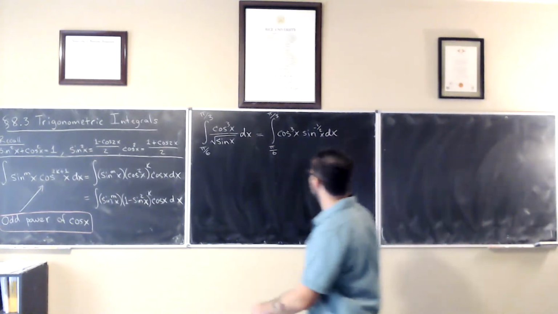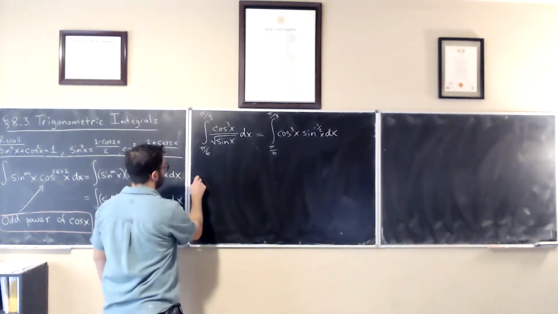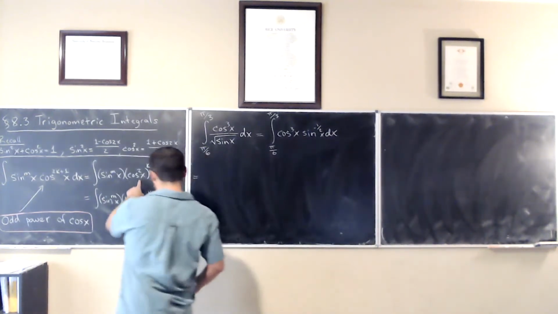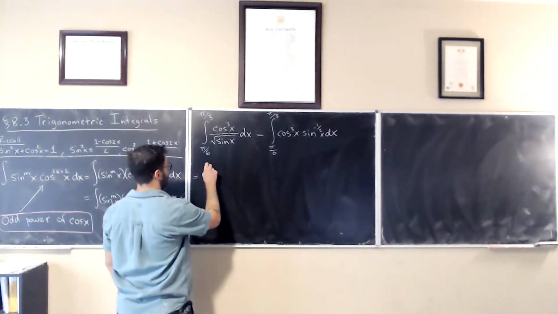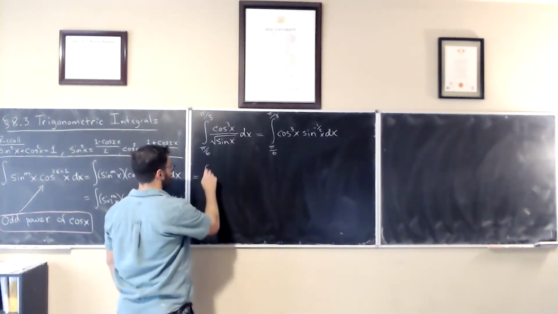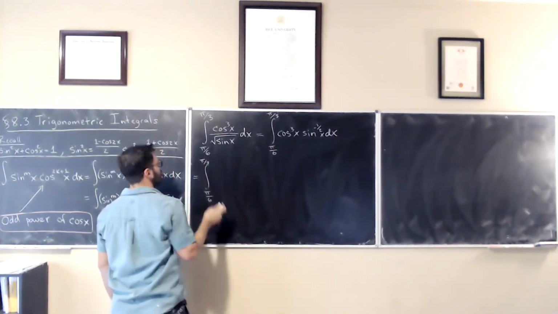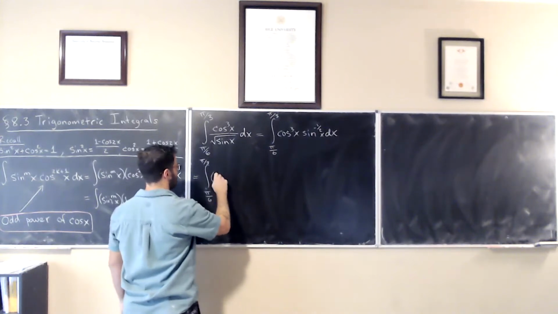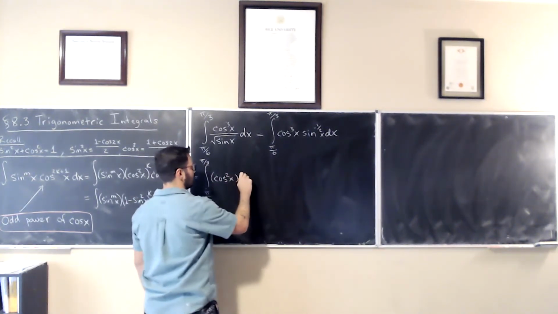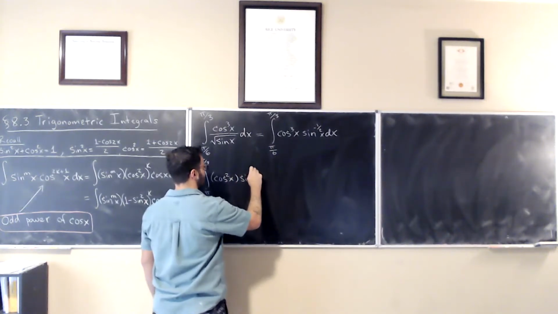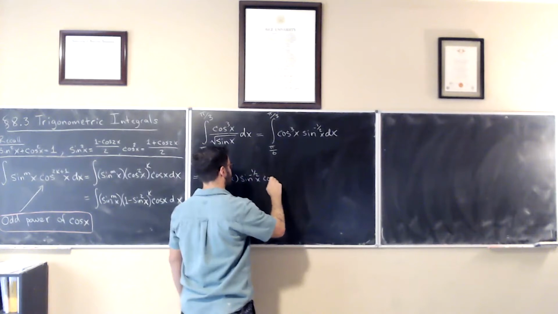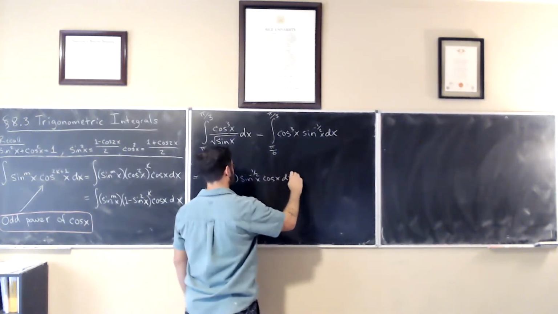Okay. And we can now write this like that and then use the identity. So let's go ahead and do that. So this will be cosine squared x to the power 1 times sine to the power minus 1/2 x times cosine x dx.